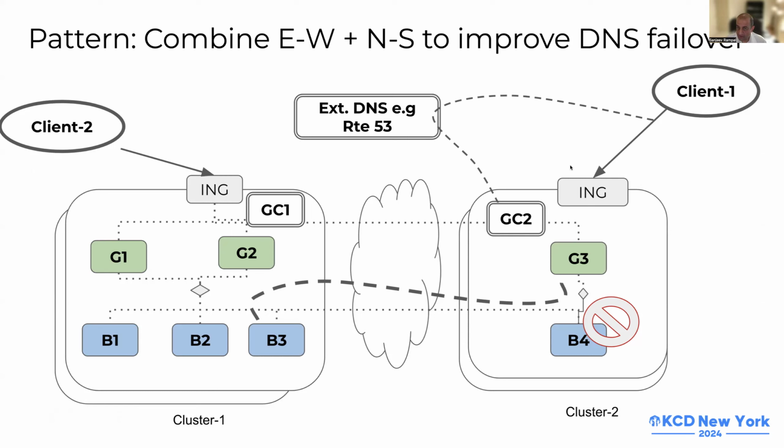In which case, you supplement your north-south load balancing with east-west load balancing in this manner. And now you've got the benefits of both: the simplicity of DNS-based load balancing for north-south, and the fine grain and the scale out capabilities and so on. Whereas you've addressed to a large extent the failover performance issues.